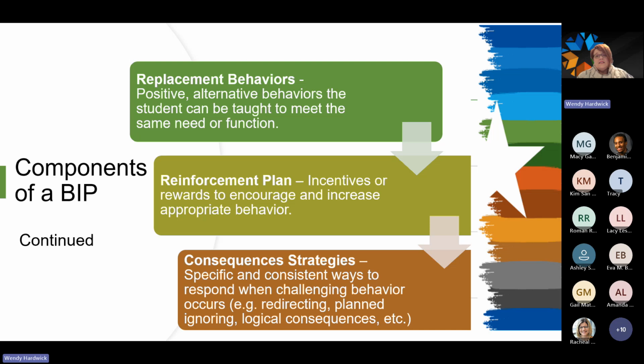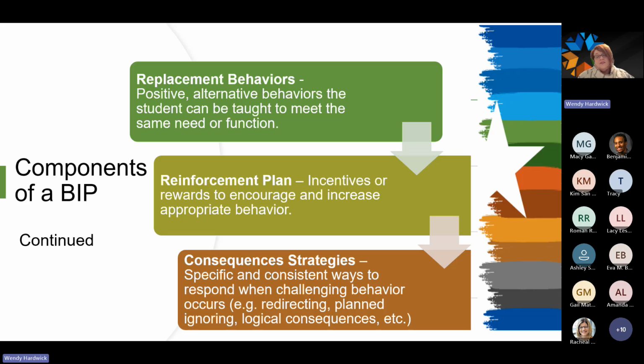So, for instance, if a student's disruptive behavior is that they're constantly getting up and walking or running around the classroom, that's not acceptable and it's disruptive to learning. However, when we are looking at doing an intervention, we need to think about what we want the student to do instead.